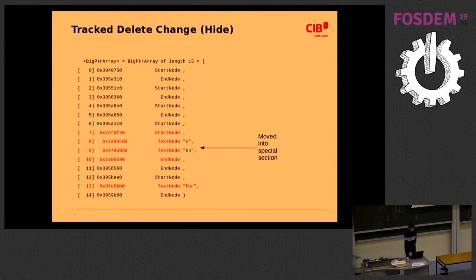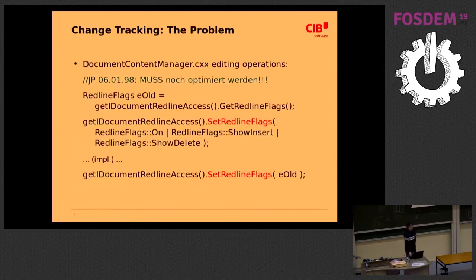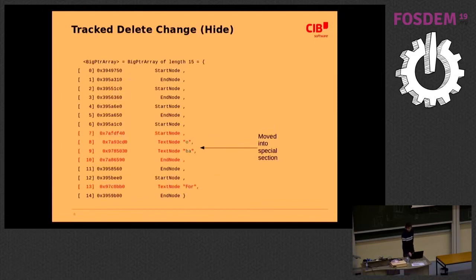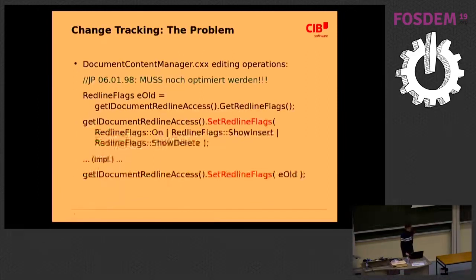So in order to implement this view option, we have to actually modify the model. And this gives rise to this performance issue where we have a couple of editing operations such as deleting text, where the implementation looks like this.